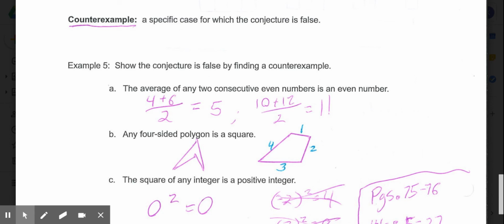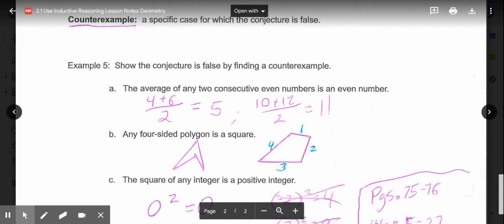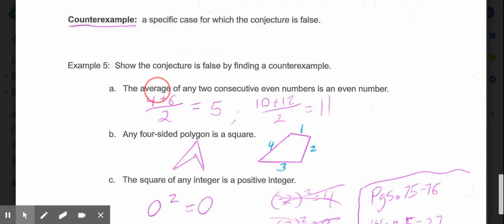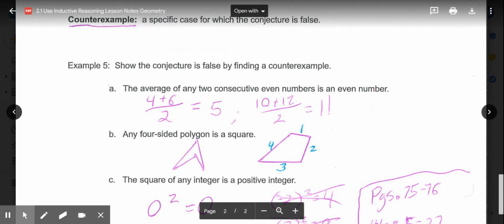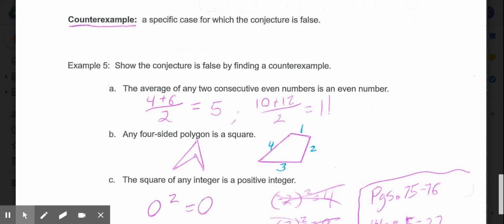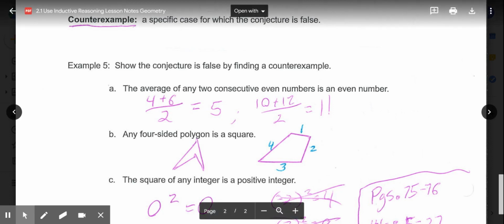So if I find the average of 4 and 6, 4 plus 6 divided by 2, add the two numbers and divide by 2 to get the average, gives me 5. There's my counterexample. I ended up with an odd number, not an even number, so this is a counterexample to that conjecture. Same with 10 and 12, 10 plus 12 is 22, 22 divided by 2 is 11. So either one of these is a counterexample.